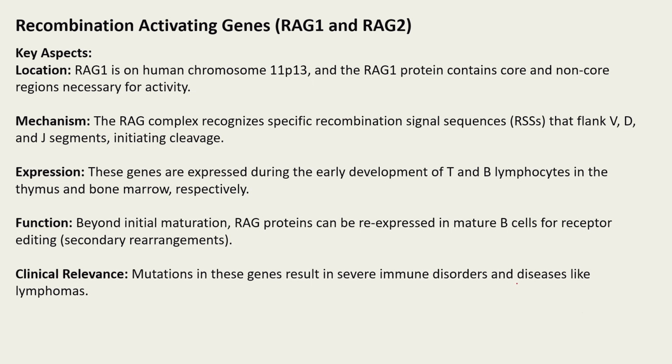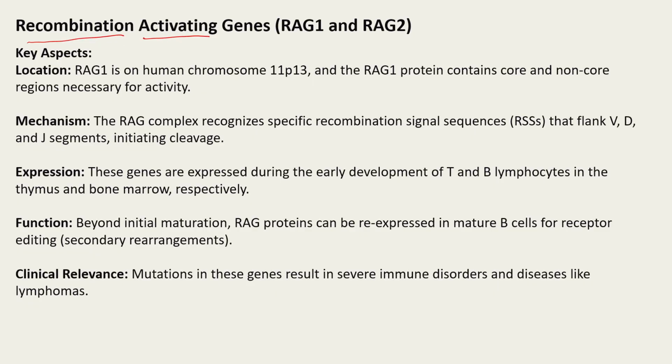receptor editing. The gene names are RAG1 and 2, which stands for recombination activating genes. The name itself indicates a phenomenon of recombination, and these are activating genes, so these are the genes which can activate recombination.